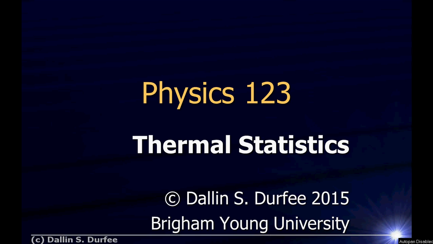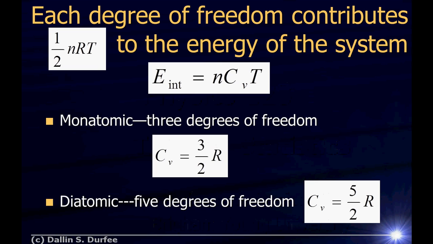But before we talk about thermal statistics, I want to go back and review molar heat capacity. Remember we discussed that each degree of freedom in a molecule contributes 1/2 nRT to the energy of the system.